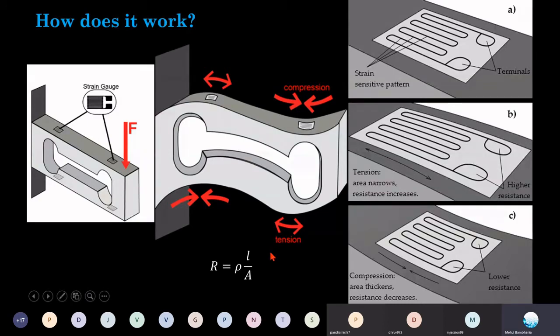On the top side, when you apply the load, this strain gauge will experience compression stress. Due to compression stress, it will shrink. On the other hand, the left-hand side strain gauge experiences tensile stress. Due to that tensile stress, it will elongate.